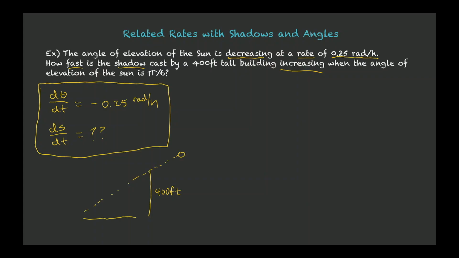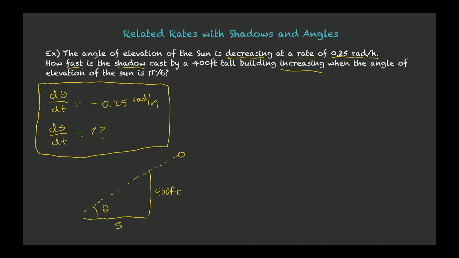Now the length of the shadow is changing as the sun sets. We'll call this s. And the angle that the shadow makes with the sun, call that the angle of elevation, and we're going to call that theta. Now we need some type of trig function that relates together these things given in this problem.